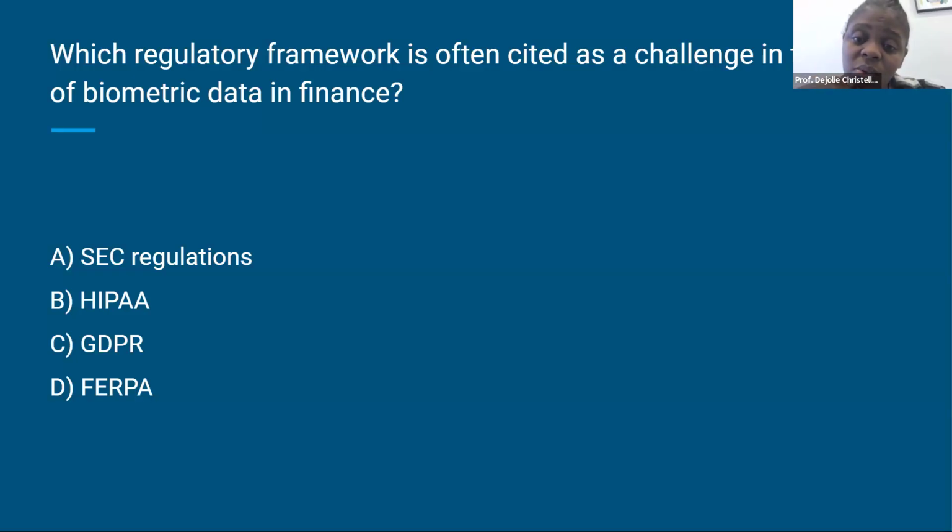Everywhere you go, in a nursing home or a hospital, they will make you sign the HIPAA guideline, making sure that you don't expose patient information. Even if you see a Social Security number, you should keep it private. So it's protecting people's information.